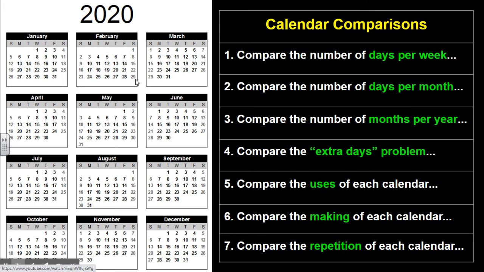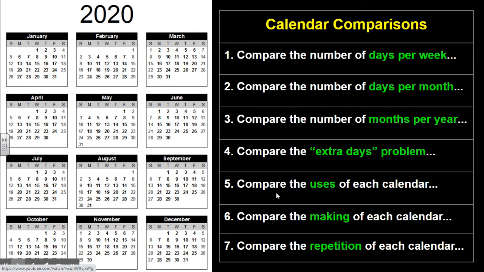So what we do is to make up for that fourth of a day, every 4 years, we just add the one extra day. Okay, so as far as your answer goes right here, again, it says compare the extra days problem. You can say the Mayans added 5 extra days, and you could say we just add 1 day every 4 years. So either way, you're dealing with the extra days problem.